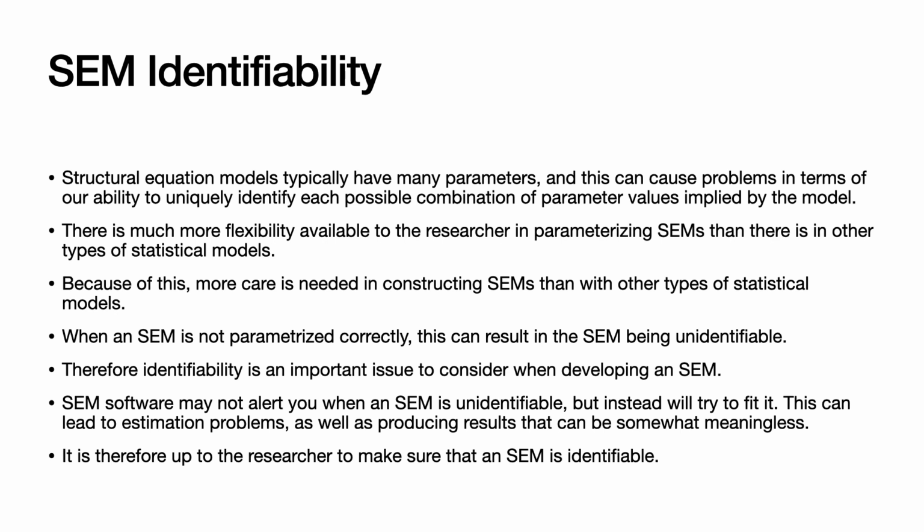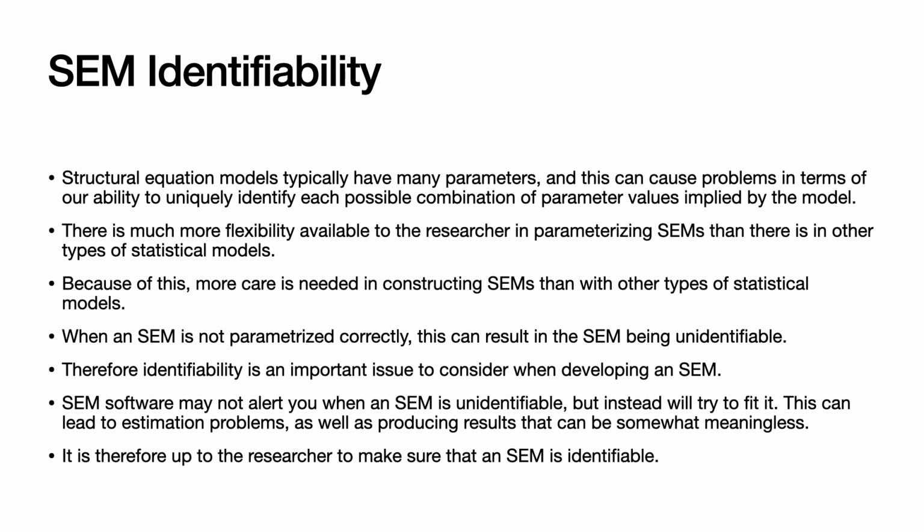Structural equation models typically have many parameters, and this can cause problems in terms of our ability to uniquely identify each possible combination of parameter values implied by the model. There is much more flexibility available to the researcher when parameterizing structural equation models than there is in other types of statistical models.